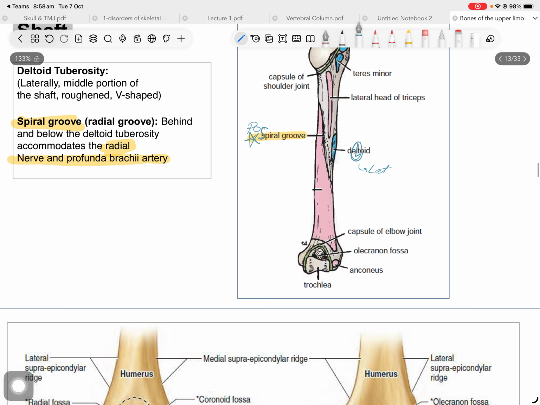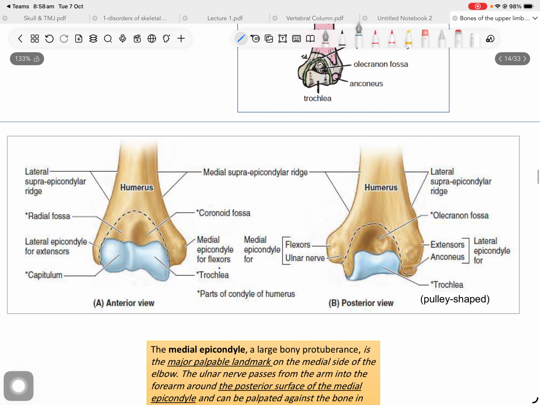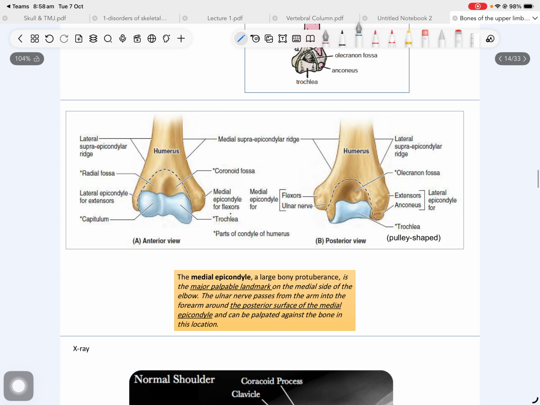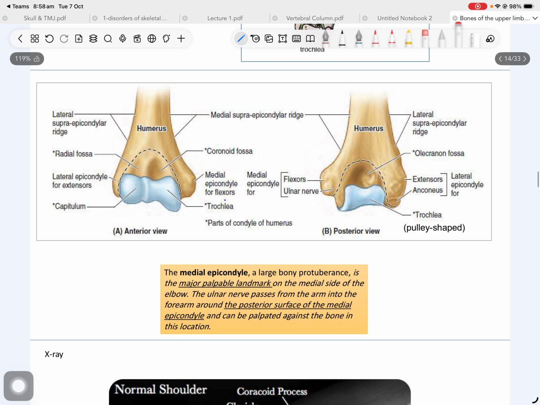Finally, the distal end of the humerus. What do I find? First, at the medial side, we find what is called the trochlea. Trochlea means a pulley. They found this area looks like a pulley, so they call it the trochlea. It is located medially.